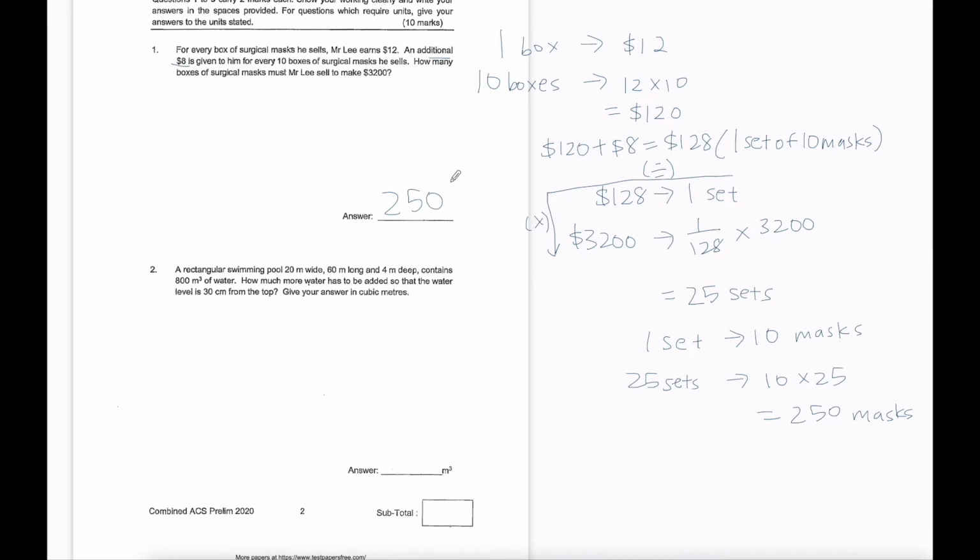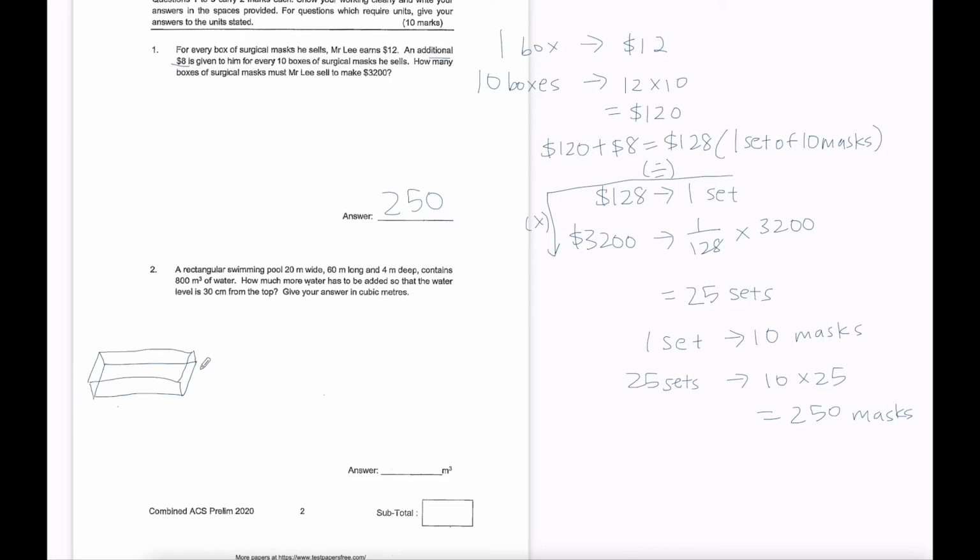A rectangular swimming pool, 20 meters wide, 60 meters long, and 4 meters deep, contains 800 meter cube of water. So I'm going to try and draw it. 60 meters long, 20 meters wide, and it's about 4 meters deep.